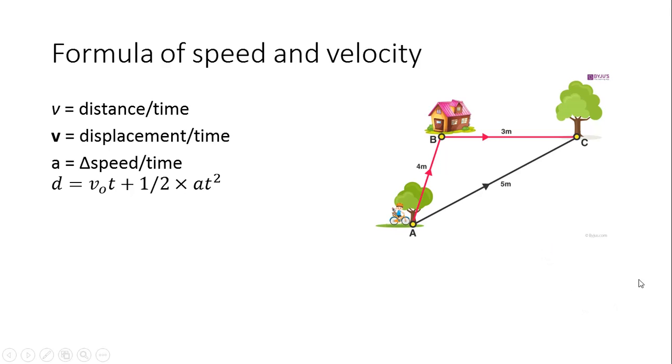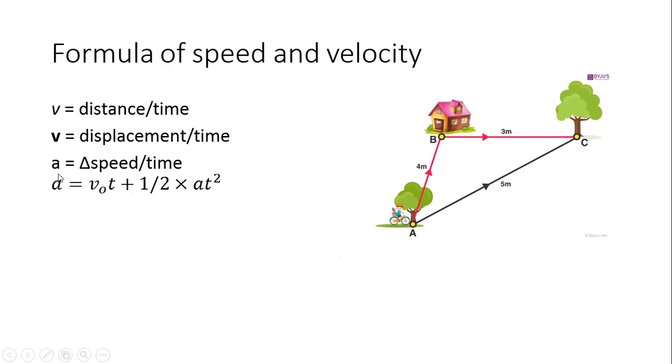So, A to B to C is distance, while A directly to C is displacement. In displacement, all objects act like ghosts that can penetrate all obstacles, so everything will be on a straight line.